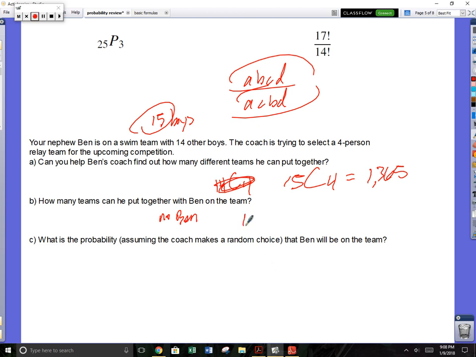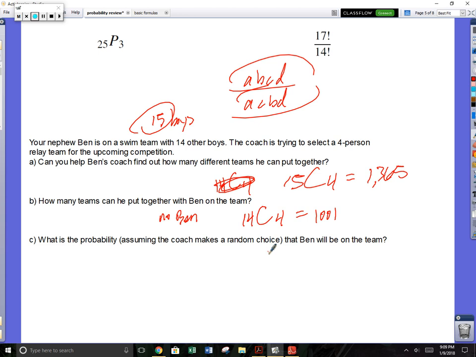so that means there are 14 kids, and we're still going to do how many different combinations can I make out of these 14 kids. So if I go 14 combination 4, there are 1,001 ways I can combine 4 kids out of 14 to choose from.